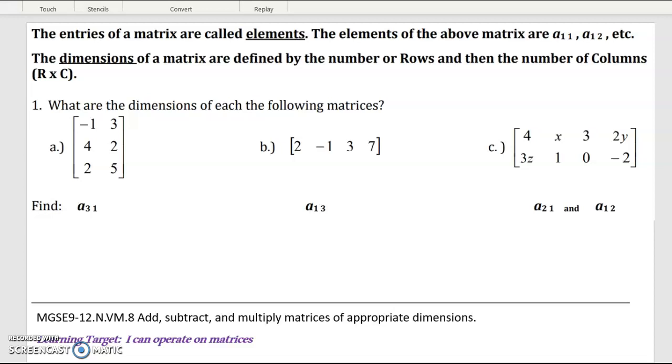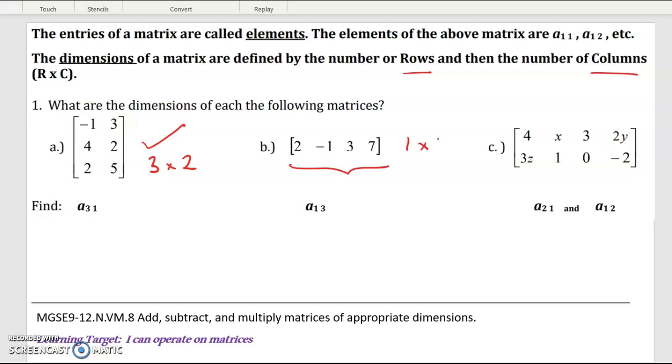It is important that you know the dimensions of a matrix. You define the dimensions of a matrix in terms of rows and then columns. So for example, matrix A has 3 rows, 2 columns, so you say the dimensions are 3 by 2. Matrix B has 1 row, 4 columns.